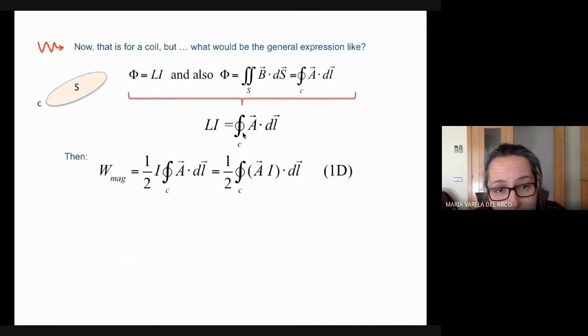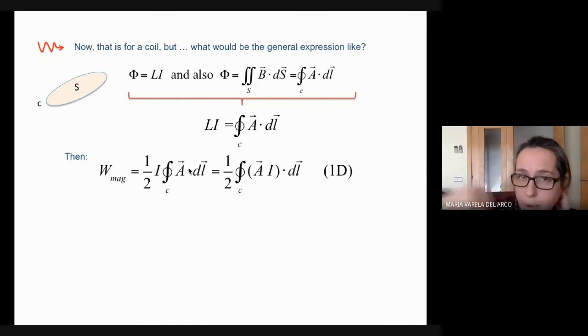And then the magnetic energy, from the previous slide, 1/2 of Li squared, can be written as 1/2 of Li, all of this thing here, times I. I can put this intensity inside the integral because in principle it's the same for all of the curve, so it's like a constant.